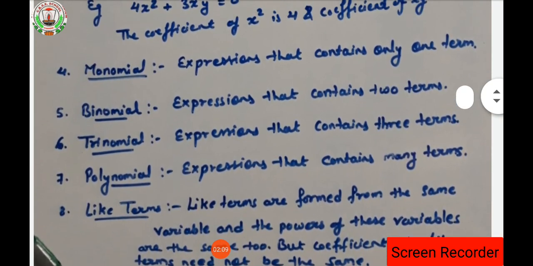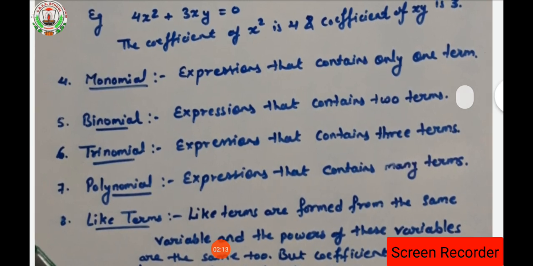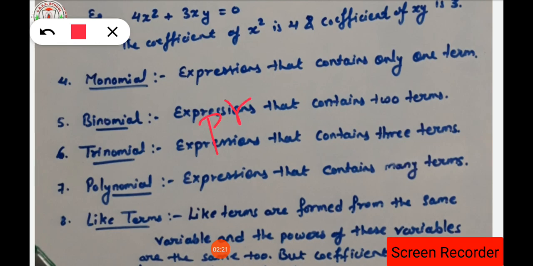Next definition is about monomial. Monomials are expressions that contain only one term. One term means, for example, PR or 100,000 or P square R or x square. Only one term is said to be a monomial.